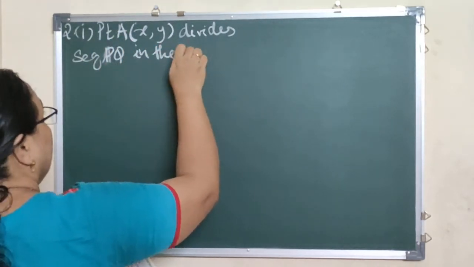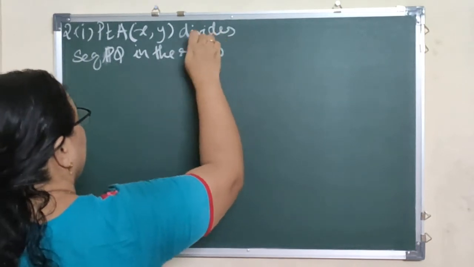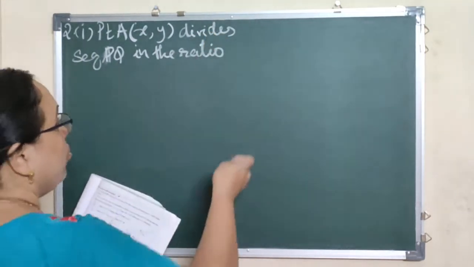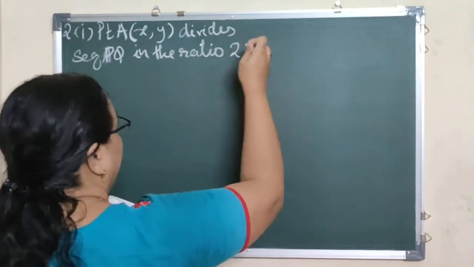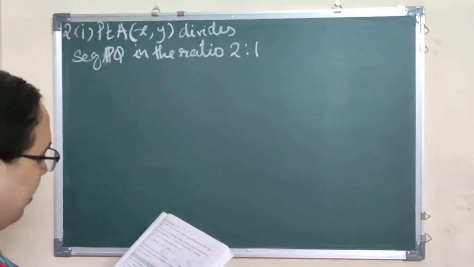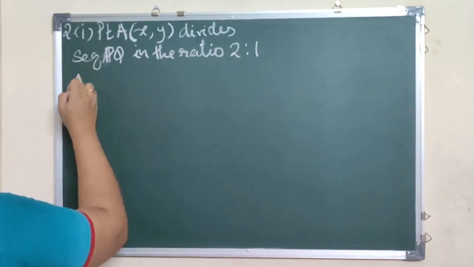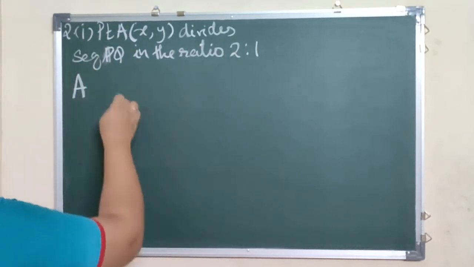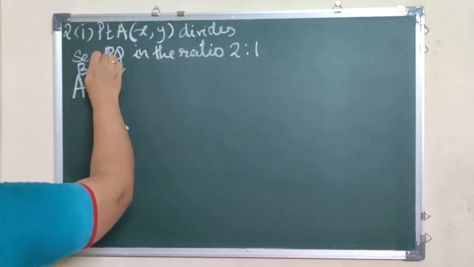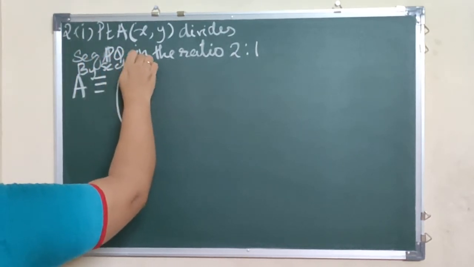According to the first one, the ratio is given as 2:1. Okay, keeping this in mind, let us go further to find the coordinate of A by section formula.